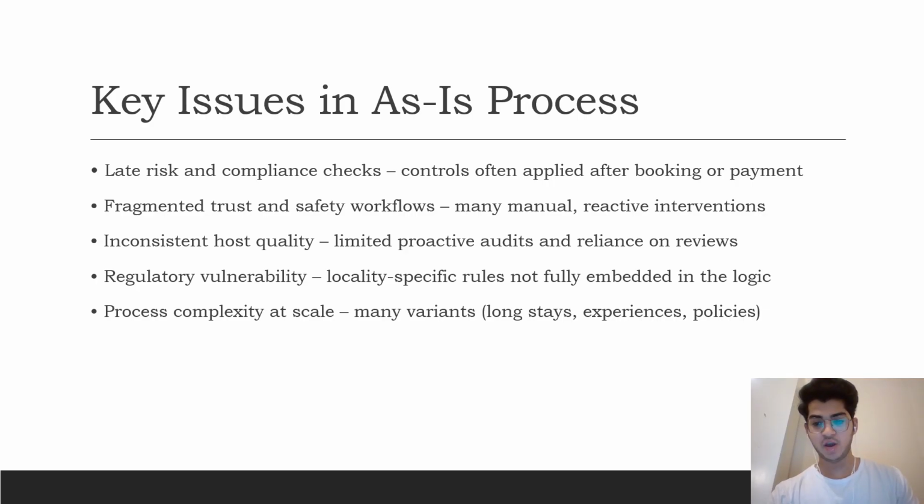Different markets, property types, cancellation policies, and new product lines like experiences all create additional process variants, which can be hard to monitor and control without a clear BPM architecture. These findings motivated the design of a more integrated to-be process.